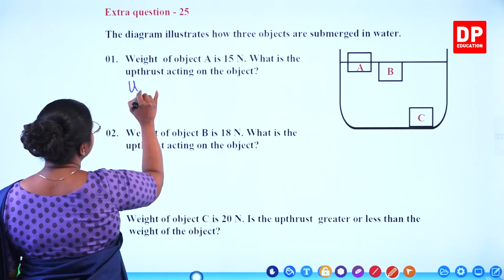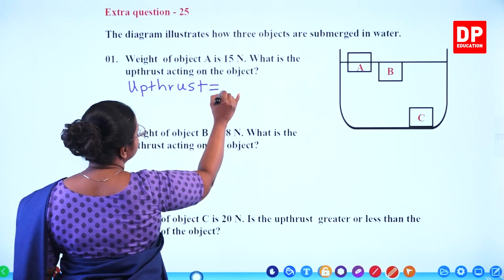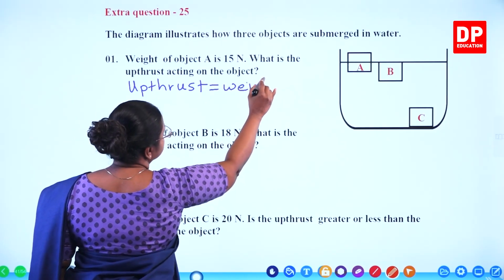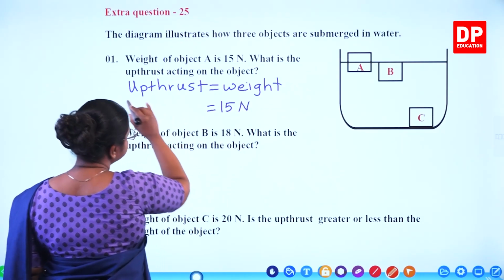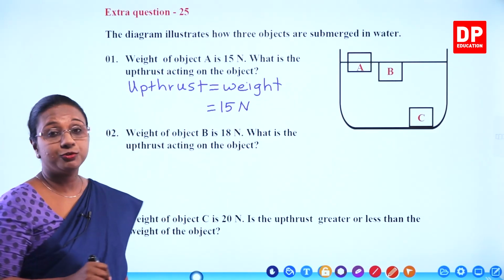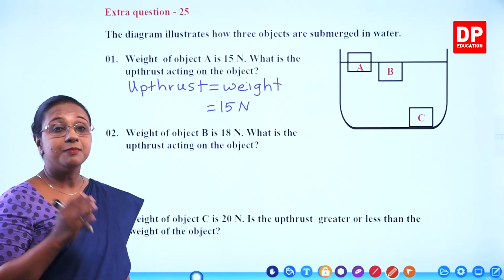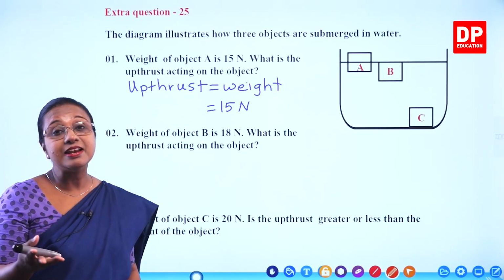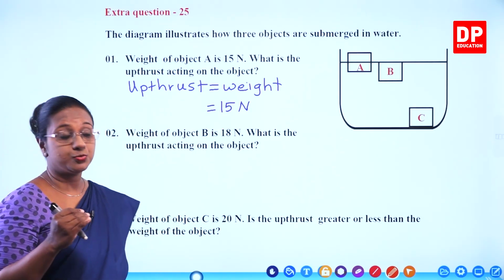So here upthrust equals weight. So that is equal to 15 Newton. Students, you don't even have to write upthrust equals weight. You can directly write the answer. But here for you all to understand and remember more, so I am writing these additional information as well.